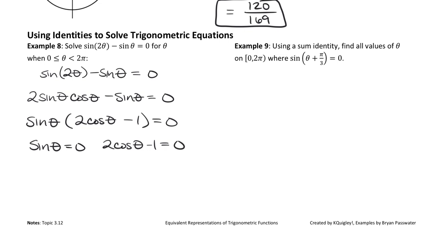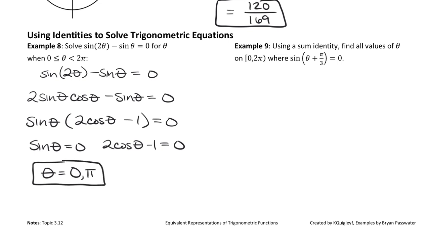Thinking about our unit circle, what are the values of theta that would give me 0 when I take the sine? 0 and pi, and then 2 pi, but 2 pi is out of range, or out of the domain. Okay, so there's 2 of my solutions.